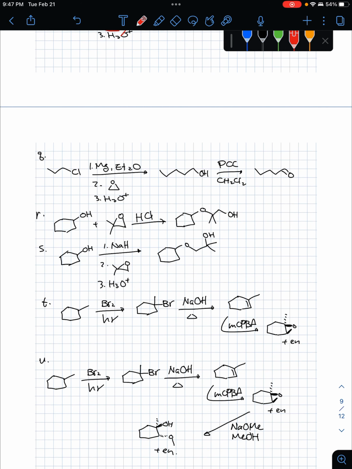Okay. Well, this problem Q, the target, of course, is this aldehyde. How many ways do we know to make an aldehyde? You could do ozonolysis, maybe not likely because that loses carbons. And we could do it by hydroboration and oxidation of an alkyne, or we could do it by oxidizing an alcohol.